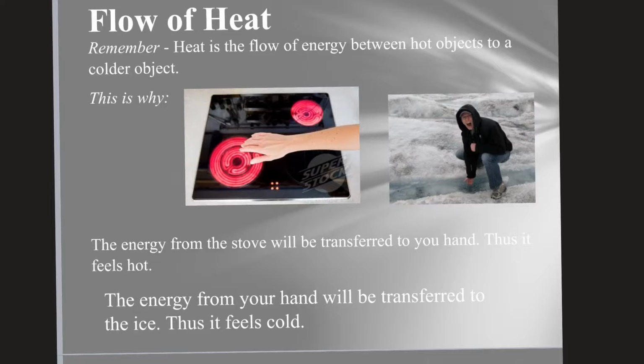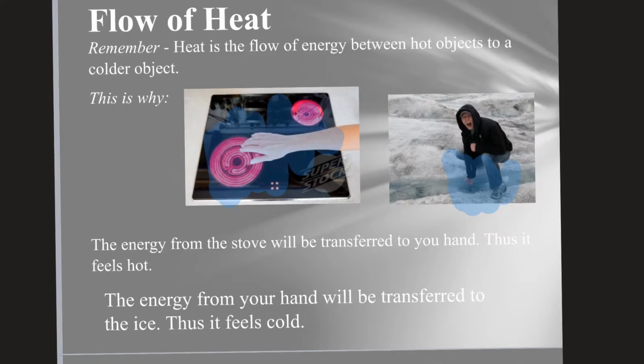An example: you touch an electric stove that is running, and it feels hot because it has more energy. Versus if you touch snow, snow has lower kinetic energy than you, and so when you touch it, heat is being transferred from you to it.